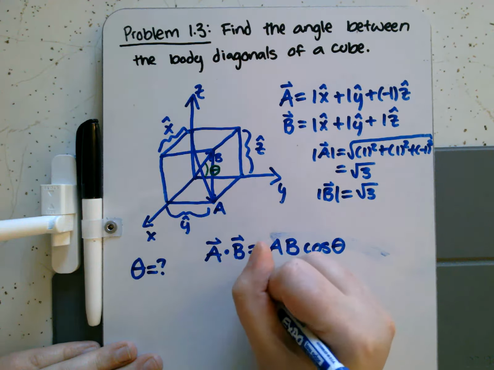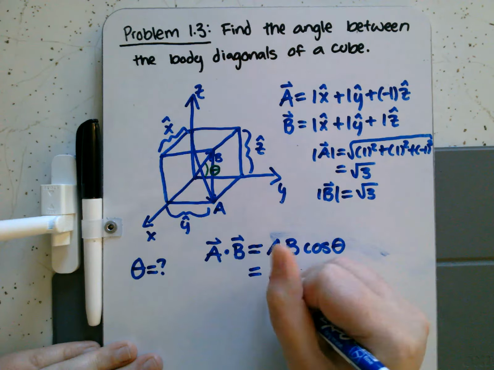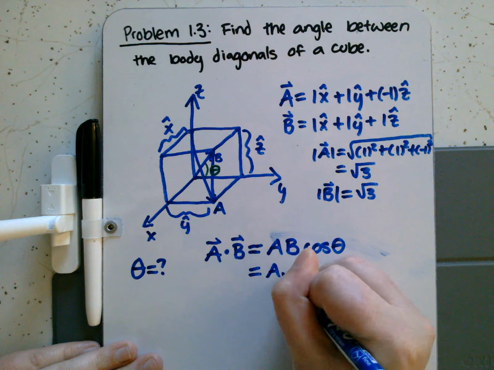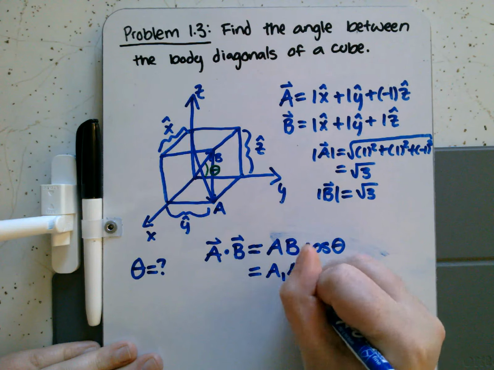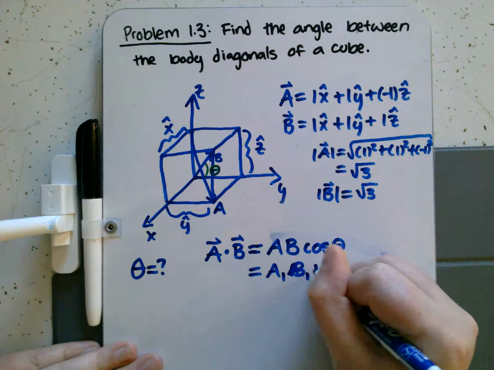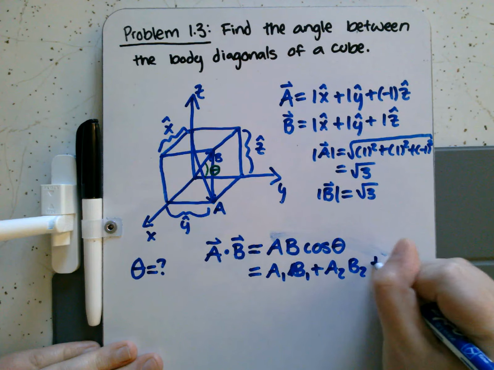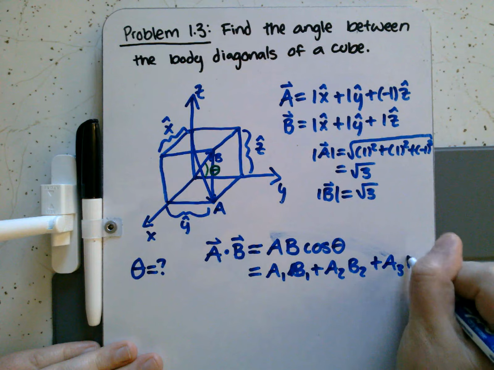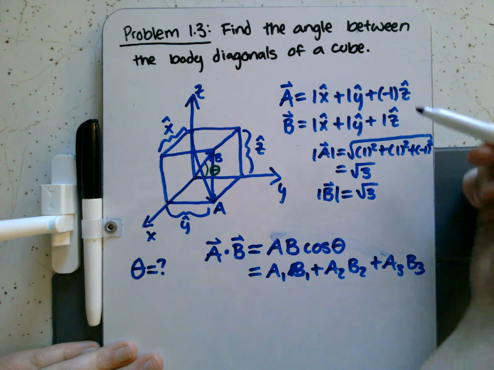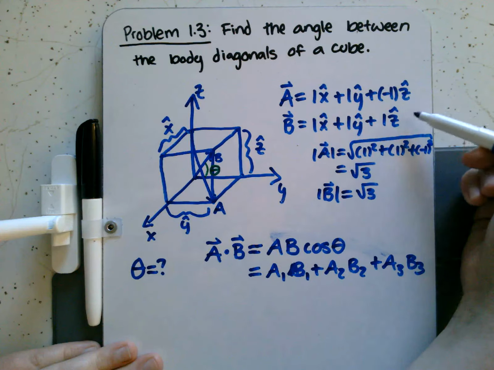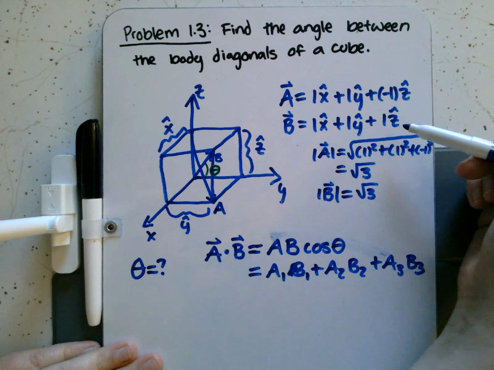And we also learned in problem 1.1 that this is equivalent to A1 times B1 plus A2 B2 plus A3 B3.